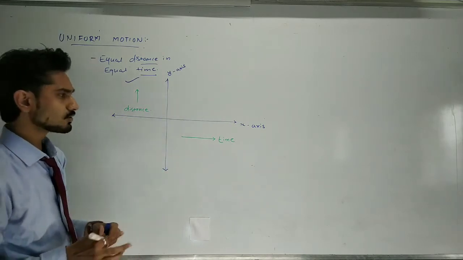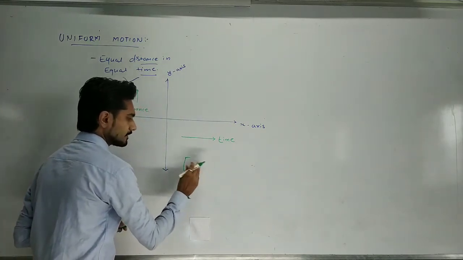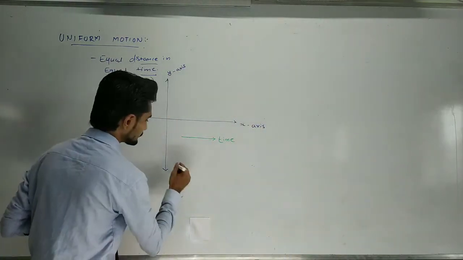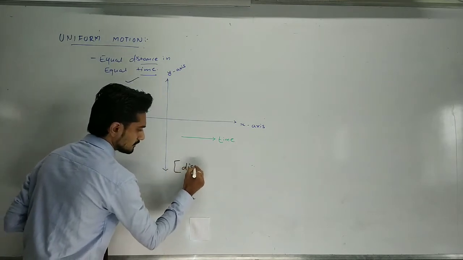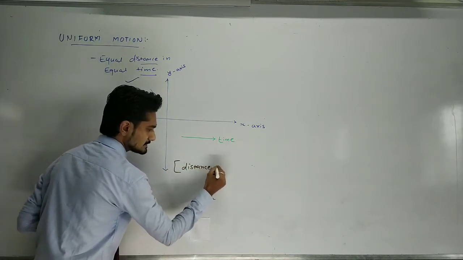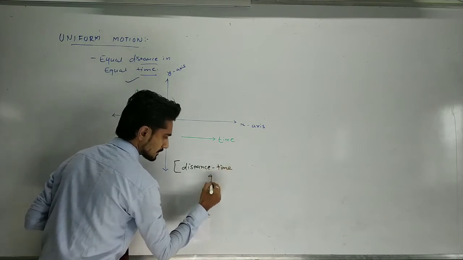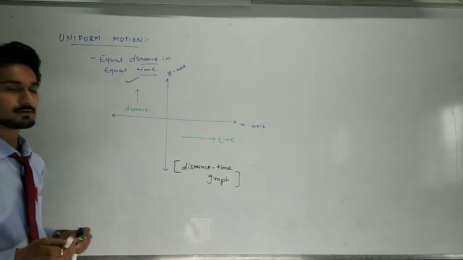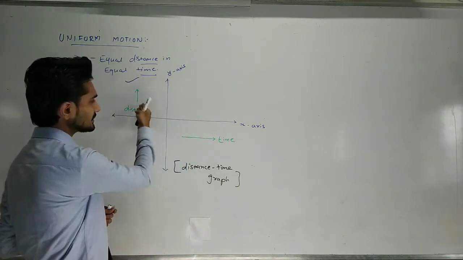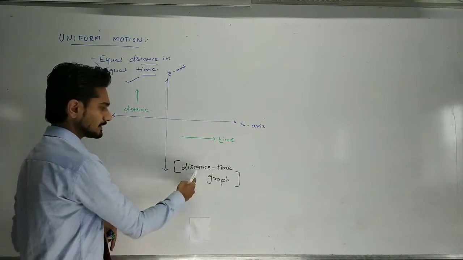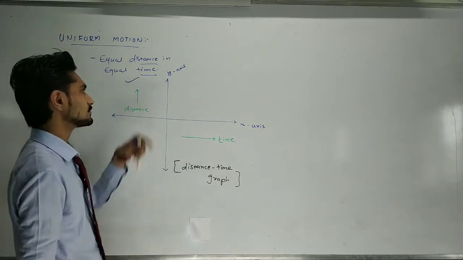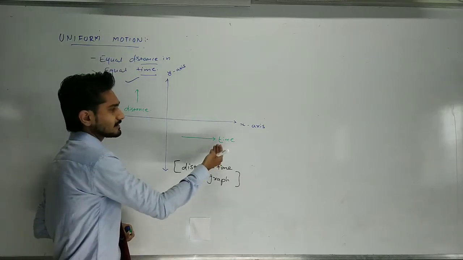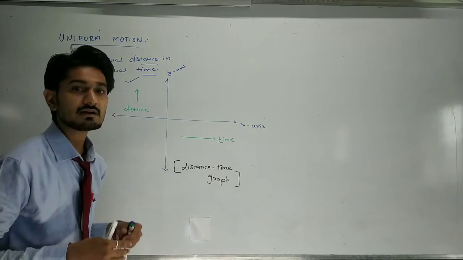That can also be called the distance-time graph. Whatever quantity is written first is placed on the y-axis, or in other words we can memorize that the x-axis always represents the time.